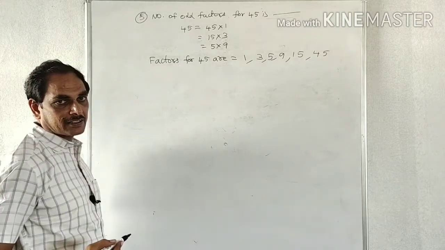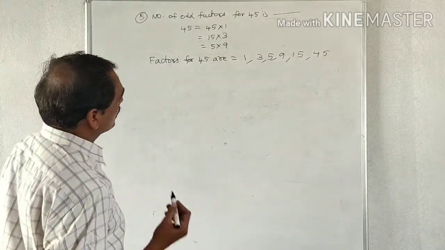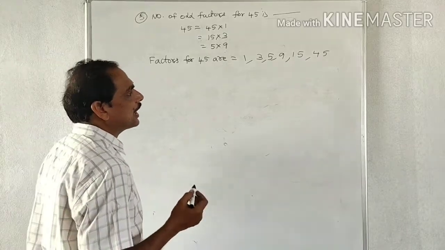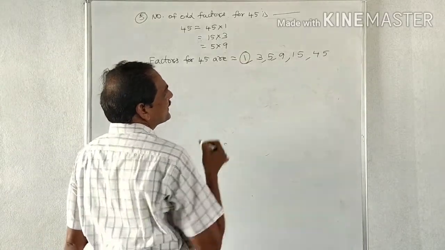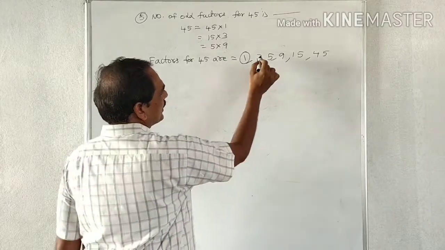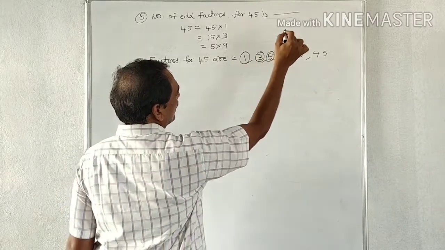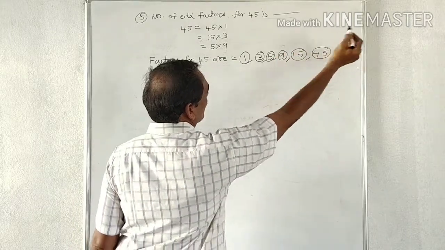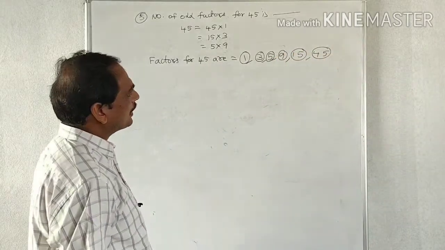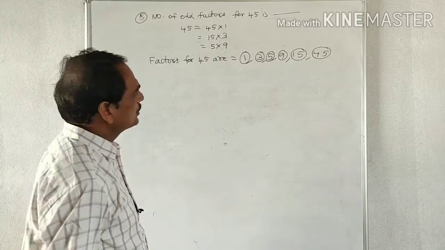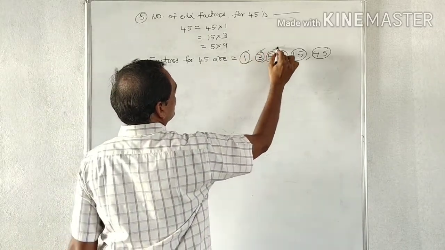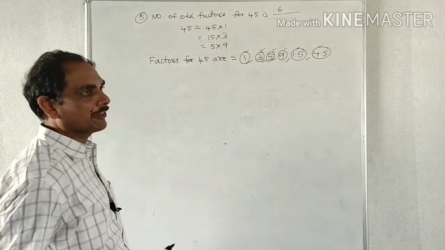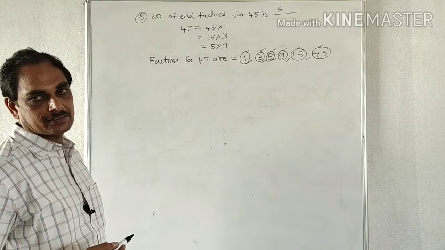Now the problem is the number of odd factors for 45. 1 is odd, 3 is odd, 5 is odd, 9 is odd, 15 is odd, 45 is odd. So all the factors of 45 are odd numbers: 1, 2, 3, 4, 5, 6. So the number of odd factors for 45 is 6.